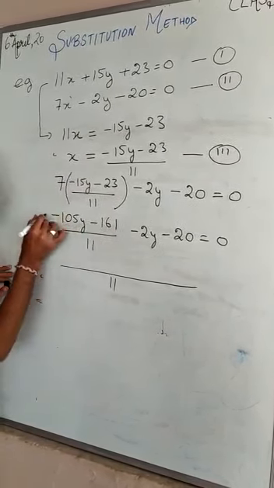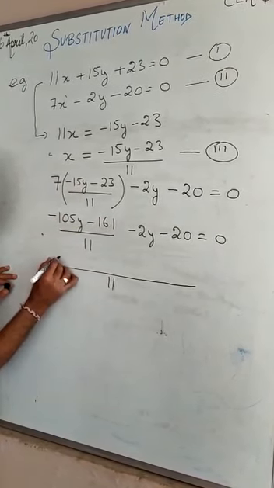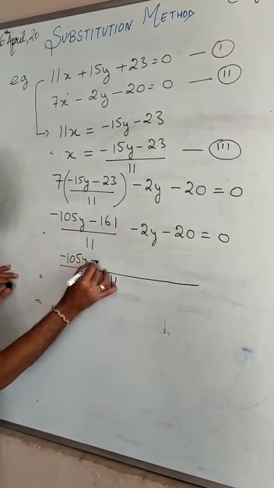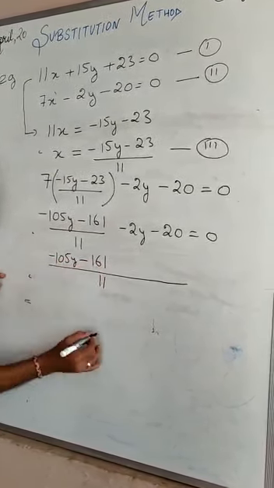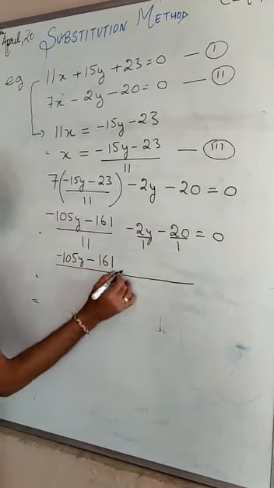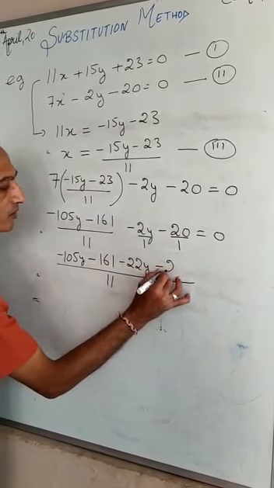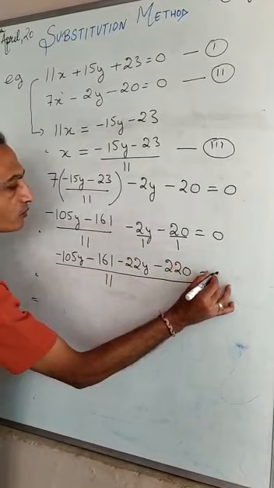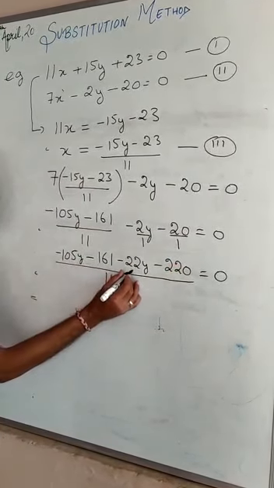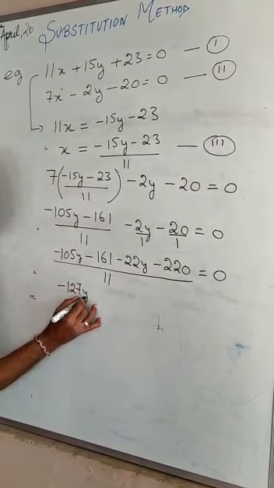Therefore, I have to multiply this minus 105y minus 161 by 1 and I get the same thing as it is, minus 105y minus 161. Since this is upon 1 and this is upon 1, I will get minus 22y and minus 220 equals to 0.